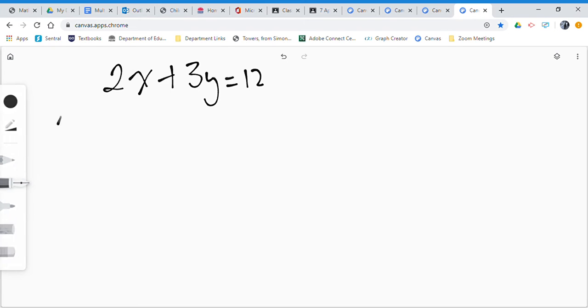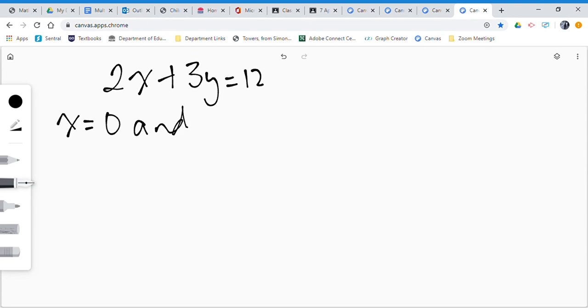So if we still have our same equation, 2x plus 3y equals 12, there's a number of possible solutions that could make this equation true. One example would be x equals 0 and y equals 4.